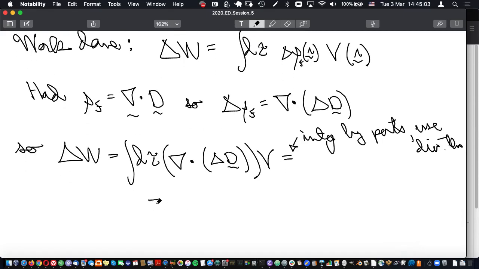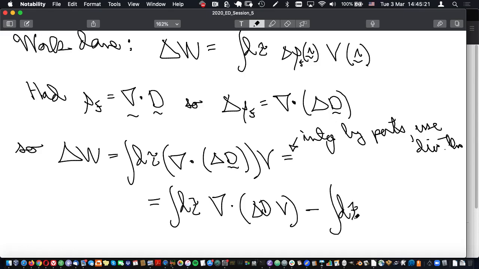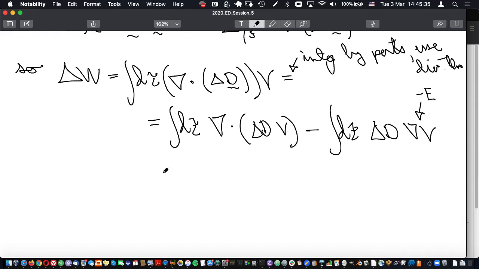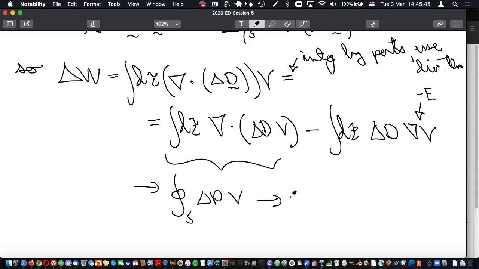So that gives you two terms. The first term is the integral d tau of the divergence of delta D times V, minus the integral d tau of delta D times grad V, but grad V is just minus E. This first term becomes a surface term of delta D times V, but it goes to 0 at infinity, so we just keep this last term.